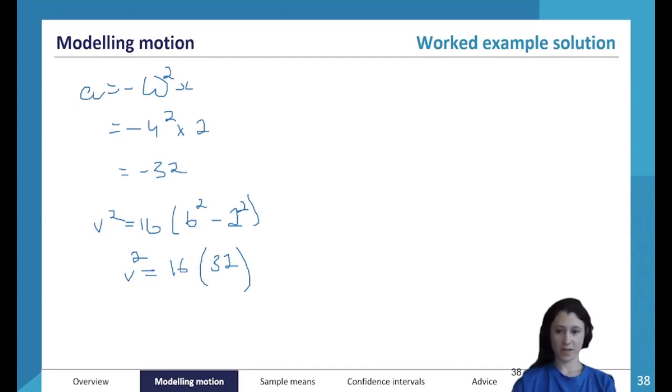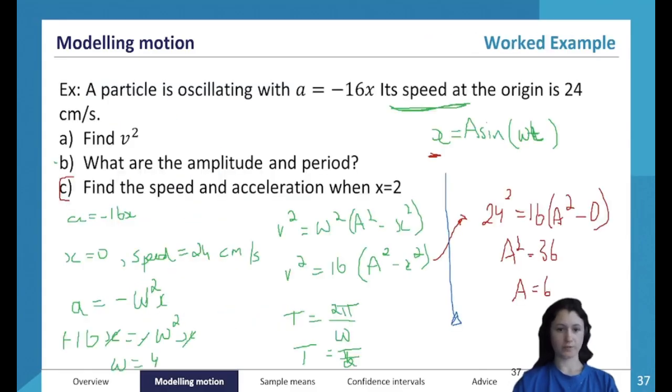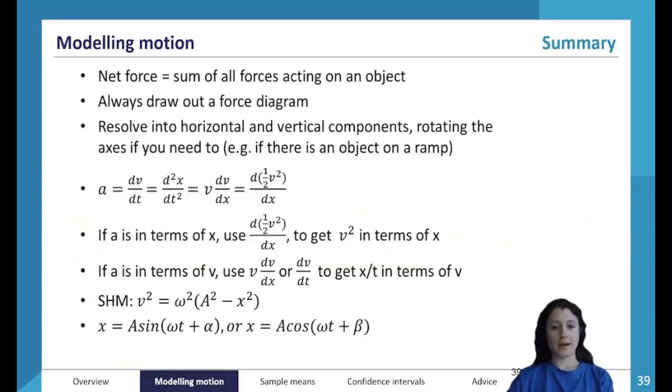This gives us an answer of velocity equals 22.63. So that should be in centimeters per second, because that's what it was given to us in. Alrighty.